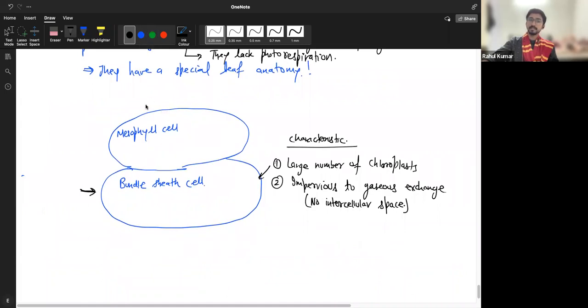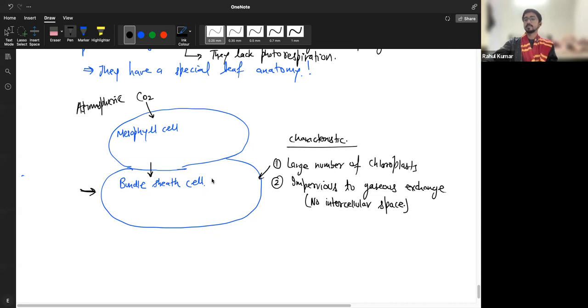These mesophyll cells are the cells which actually receive CO2 from the atmosphere. So atmospheric CO2 is received by the mesophyll cells. Then from the mesophyll cell, it goes into the bundle sheath cells.